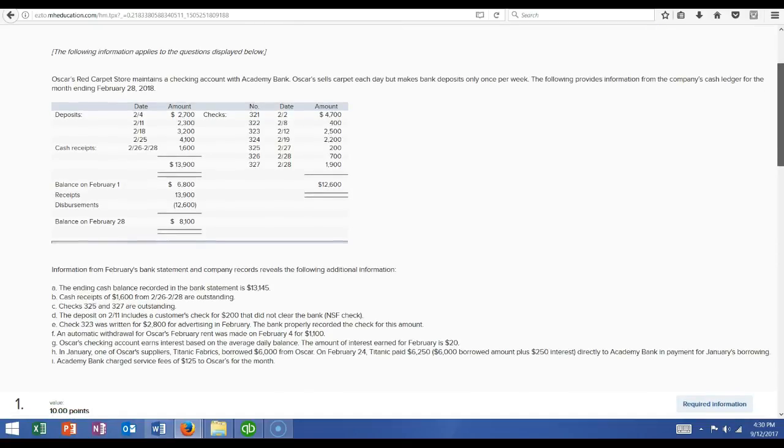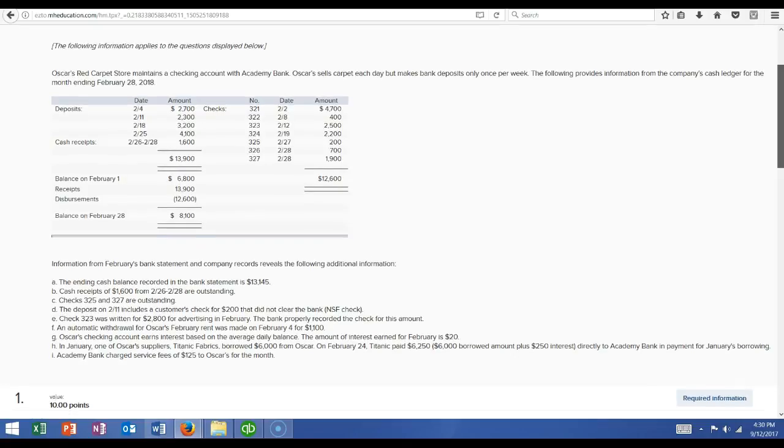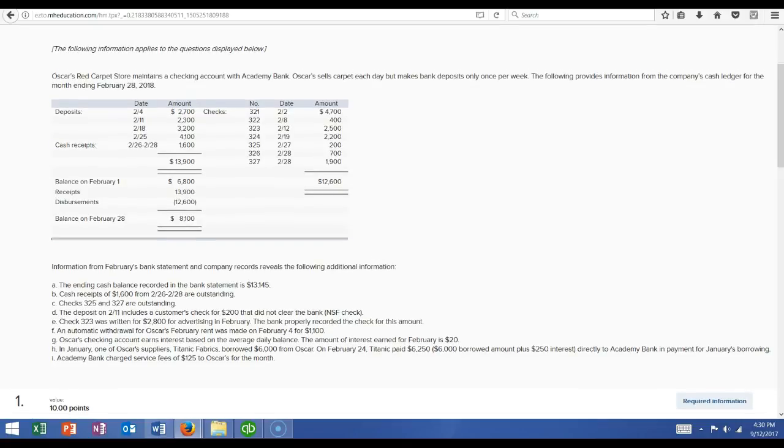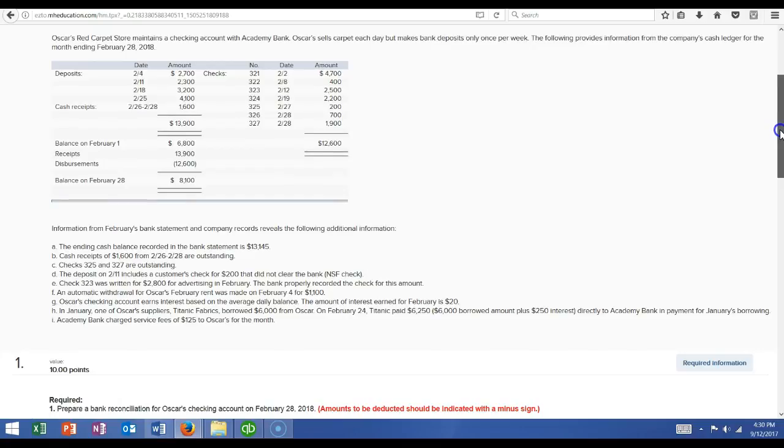Oscar's Red Carpet Store maintains a checking account with Academy Bank. Oscar's sells carpet each day but makes bank deposits only once per week. The following provides information from the company's cash ledger for the month ending February 28, 2018.